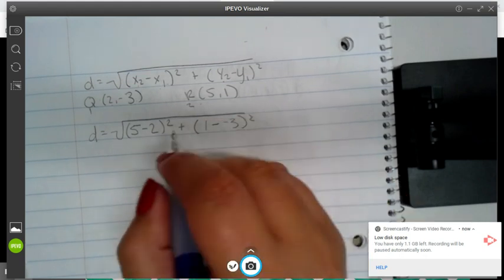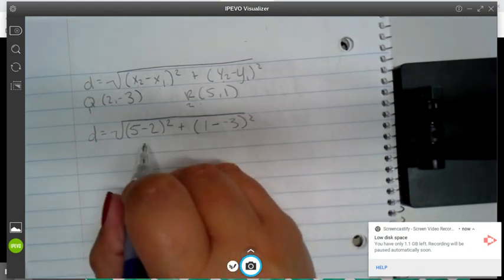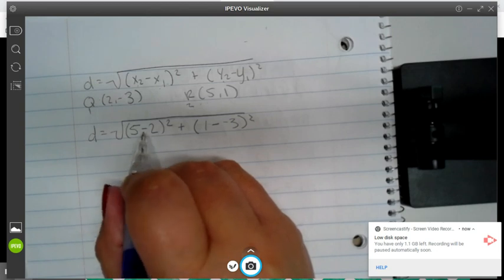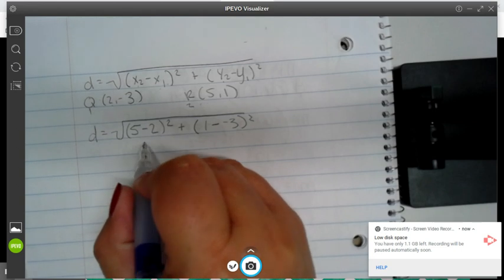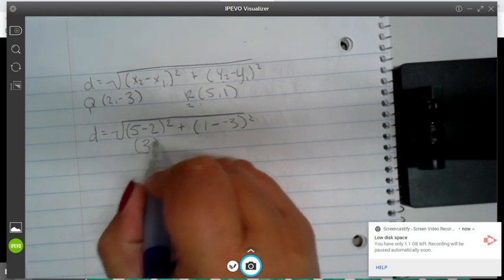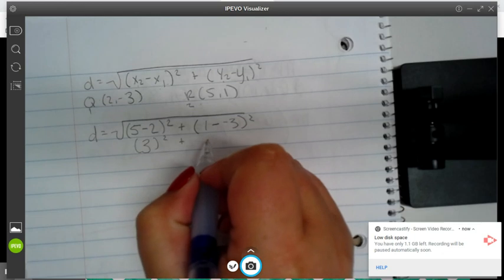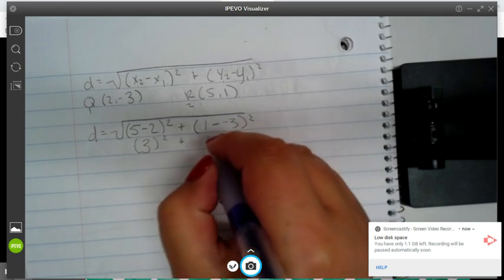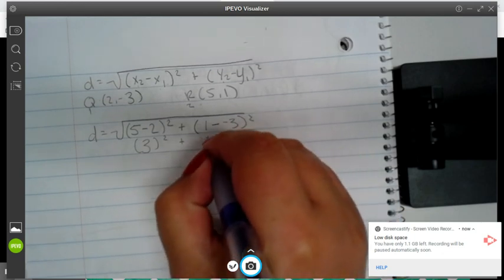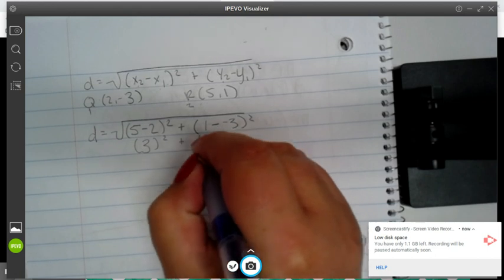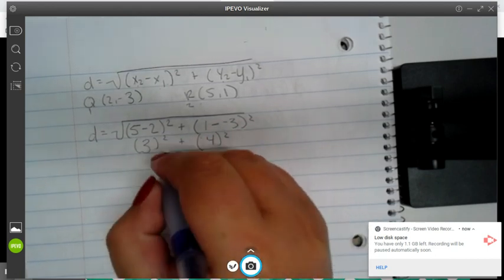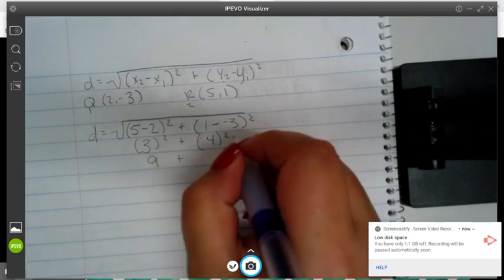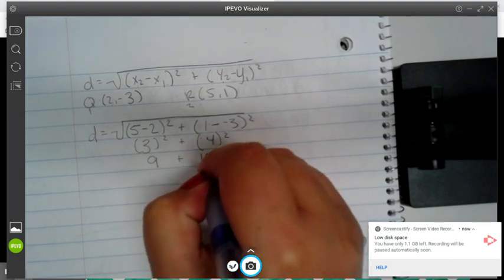We're going to just solve through. So 5 minus 2 gives us 3 squared plus 1 minus negative 3 gives us 4 squared. 3 squared is 9 plus 4 squared is 16.